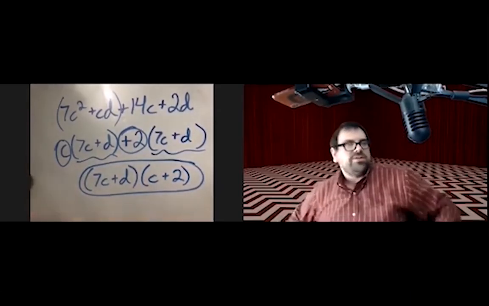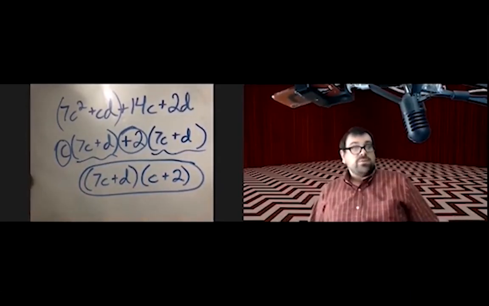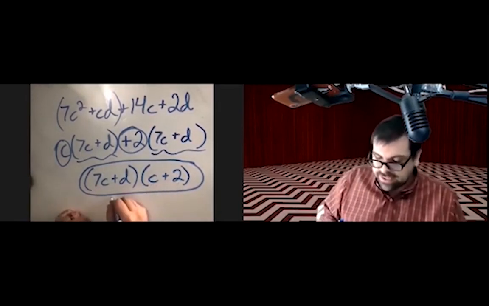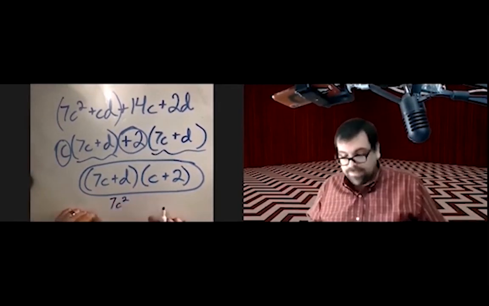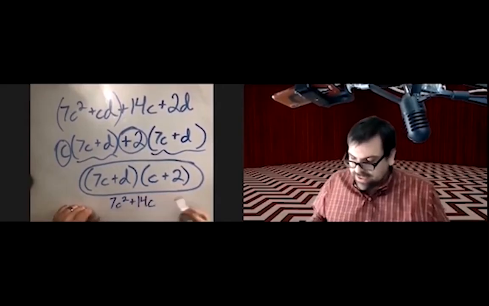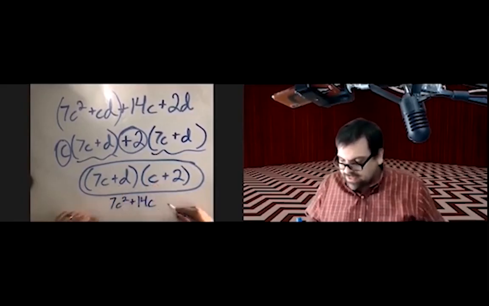How can we check factoring? We can check factoring with multiplication. FOIL: 7c times c is 7c squared. Outer, 7c times positive 2 is 14c. Inner, d times c is cd.